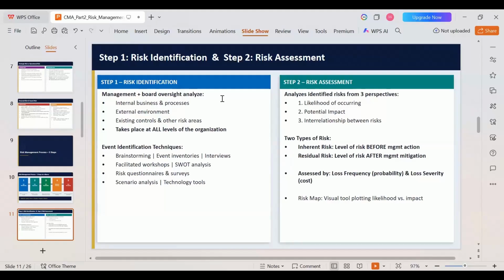Then comes loss of event data. So now what happens is there will be examples in an organization where they will have already faced some risks in their past and they will have responded to those risks. They already have these records of past risk events, how much loss that risk had caused to the business, and how they were able to come out of that risk.